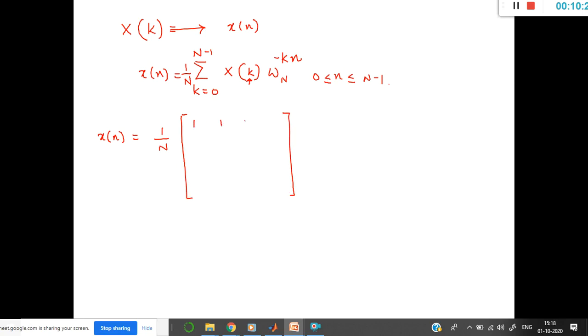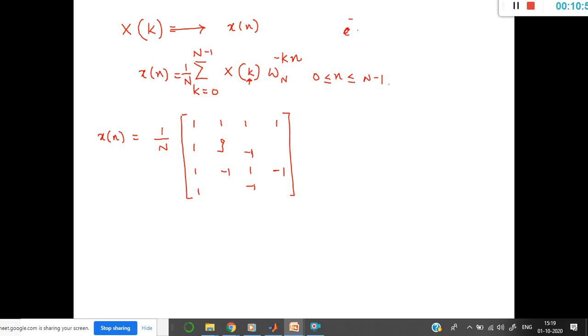So 1 1 1 1, so column wise 1 1 and 1, and here also it is 1 minus 1 minus 1 minus 1 minus 1. In case of X of k, here it was minus j. Now this is supposed to be the complex conjugate, that's it. So here it is nothing but the complex conjugate.